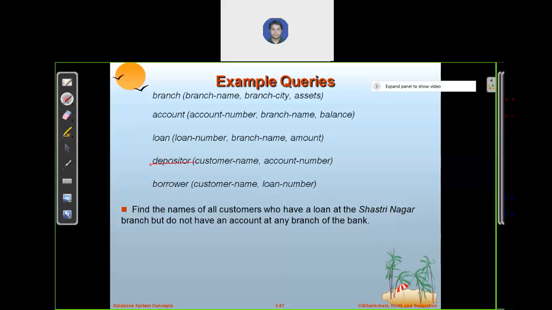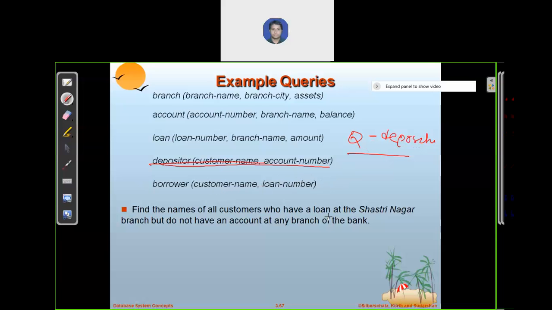So it means difference with the query we previously wrote. Suppose the query we wrote for the last question is q, and take the difference with the customer names in depositor. So you will get all the customer names who have a loan but do not have an account.